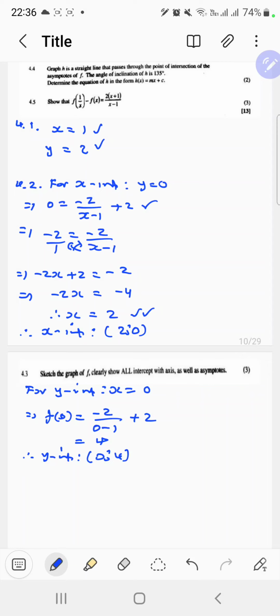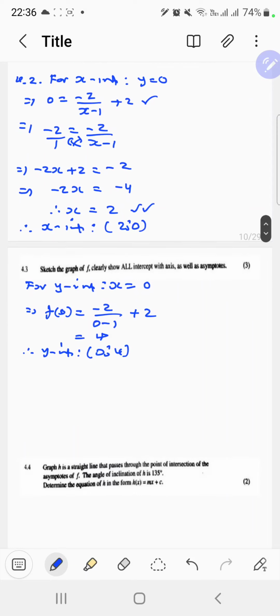I think once we've sorted that, we can now sketch our graph. Okay, so we know that we're going to need 4. Okay, and then we need 2.